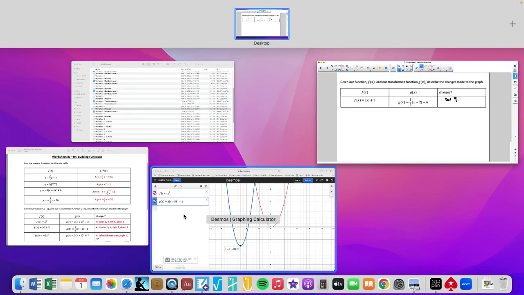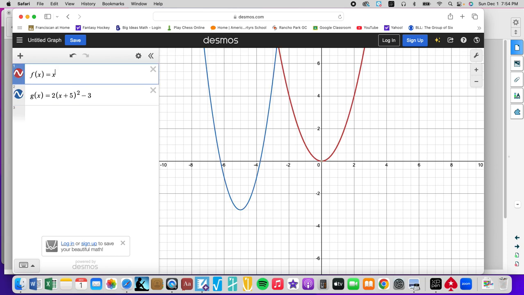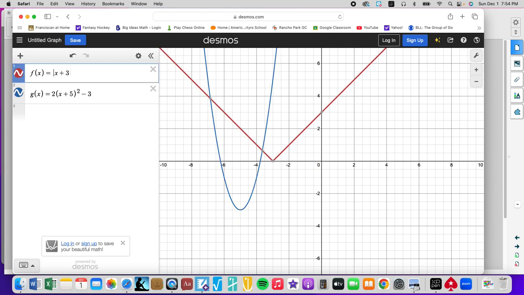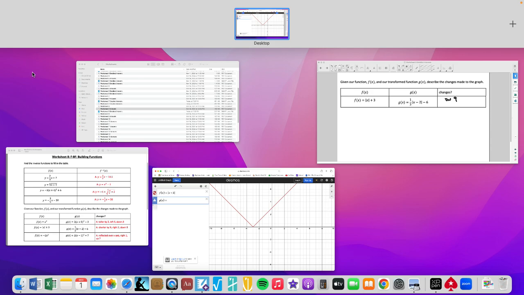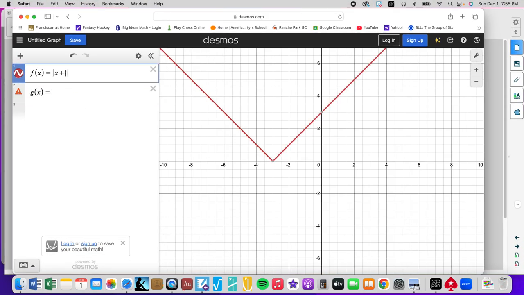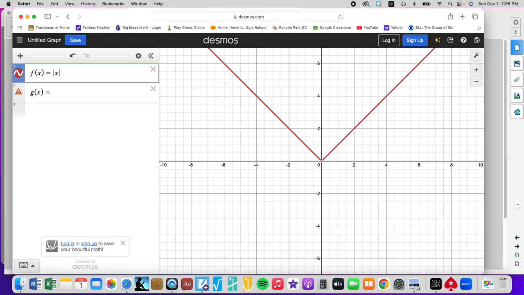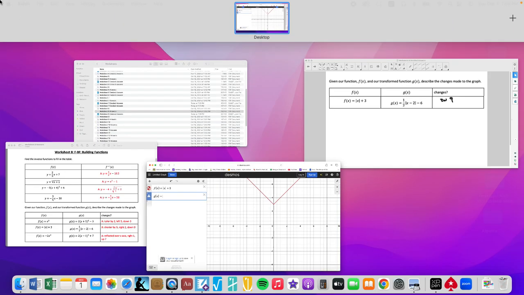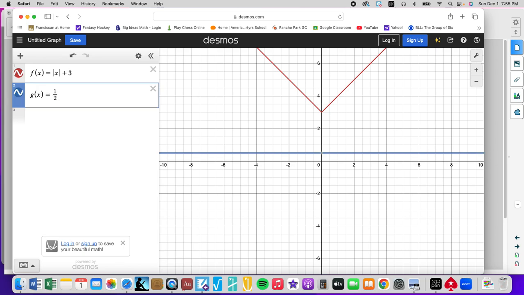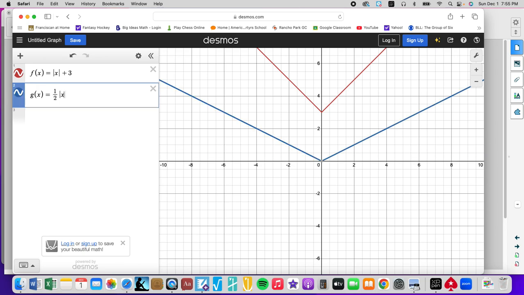So let's take a peek on Desmos and see what that looks like. So that looks like the absolute value of x plus 3. And our new one is going to be, sorry, equals. Nope, sorry, that 3 is outside of the absolute value. So you see how it shifted up 3. And now my new one is 1/2 the absolute value of x, minus 6.